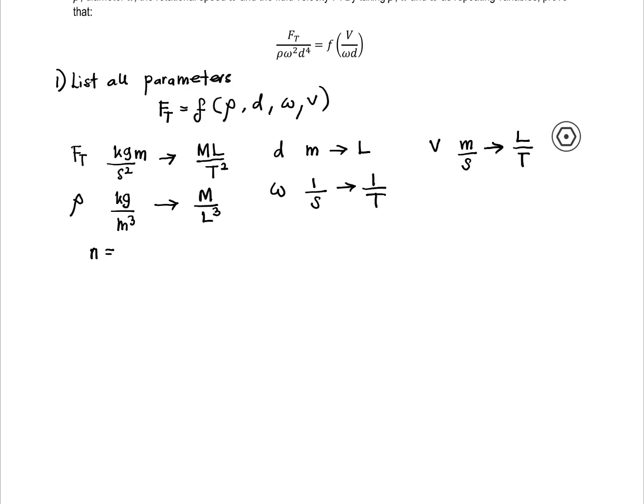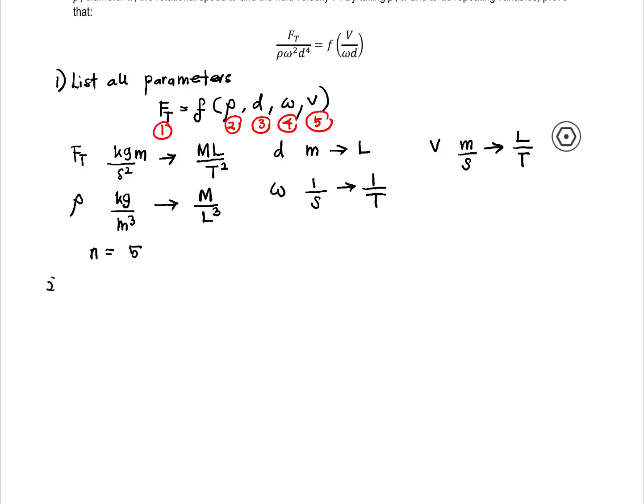We have 1 for Ft, second is density, third is diameter, fourth is rotational speed, and fifth is velocity. Therefore, n is equal to 5.